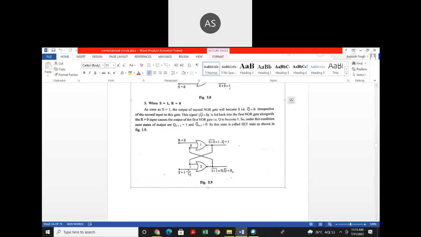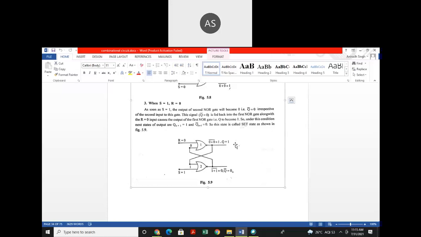When S is 1 and R is 0, then if the previous state is 0, the next state is 1. That means if Q is 0 and S is 1, R is 0, then the next state will be 1, meaning Q will be 1. And suppose the previous state is 1.